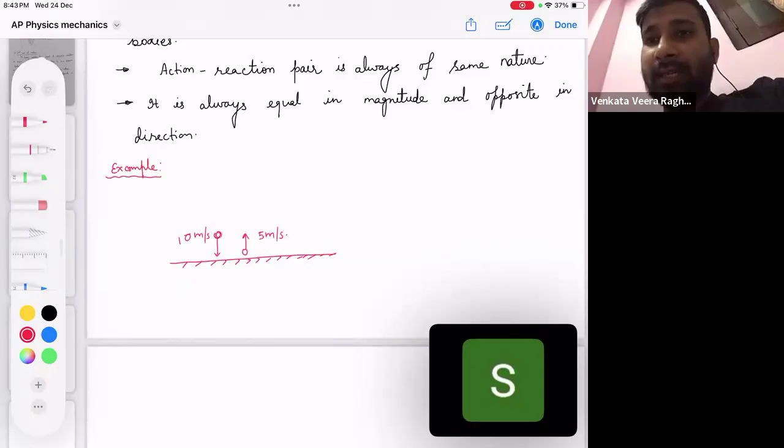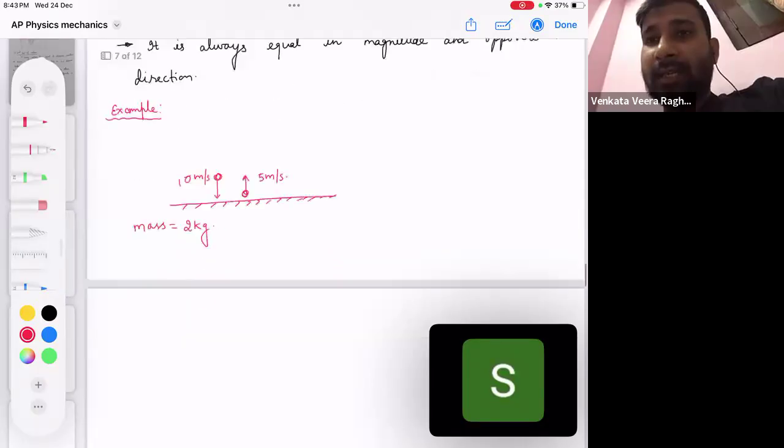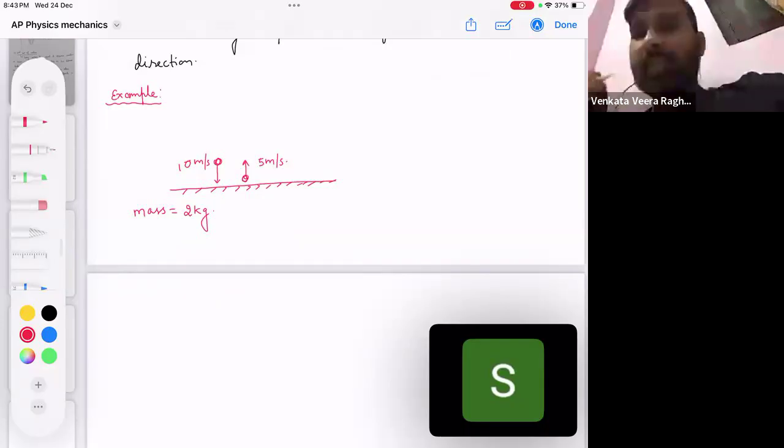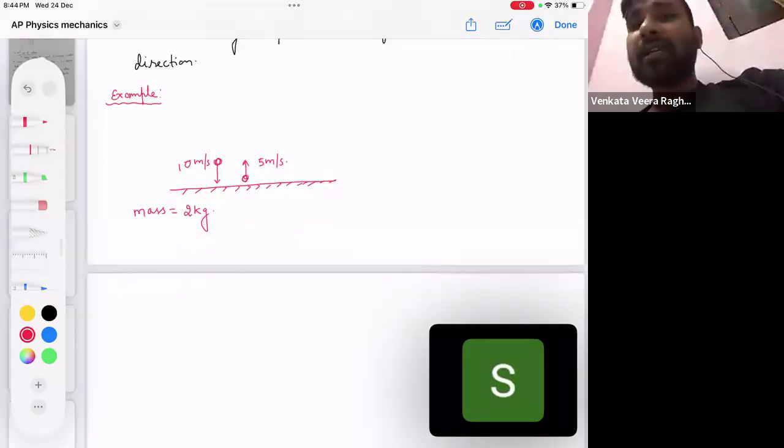Understood? And the mass of the particle is given as some kg. One more thing is given: this particle will remain in contact with the floor for some time. That will be a very small time, isn't it? It will be some 0.1 second or 0.01 second, a very small time for which this particle remains in contact with the floor.